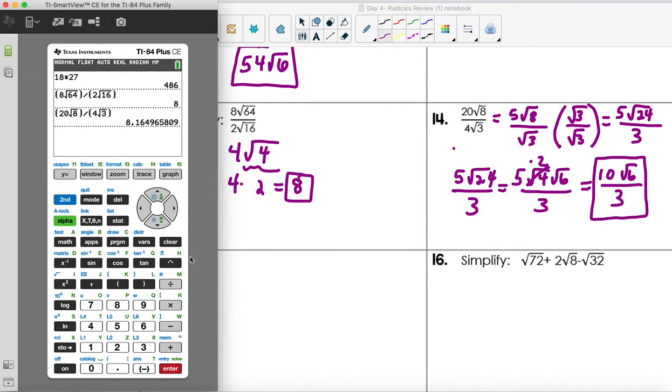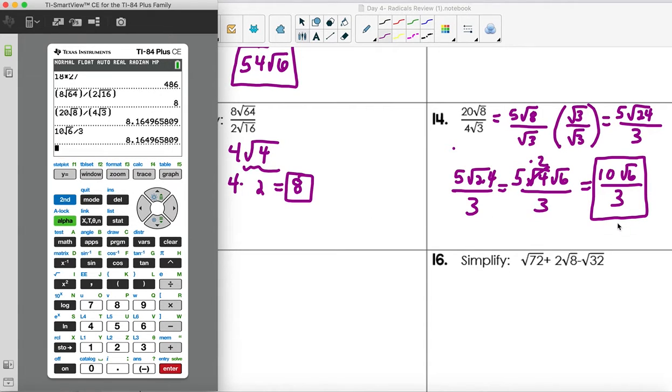Now if I type my answer, this is what I was trying to say before because it's not necessarily a nice number. So 10 second radical 6, I'm going to come out, divided by 3, enter, and I get the same decimal. So I don't know if it's in simplest radical form, but I do know I still have an equivalent answer.